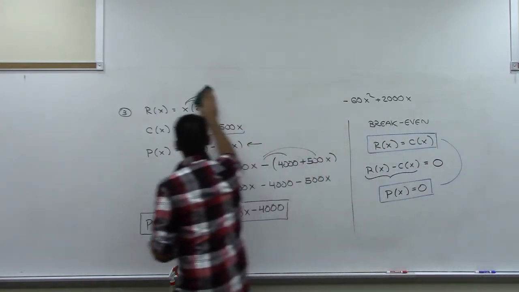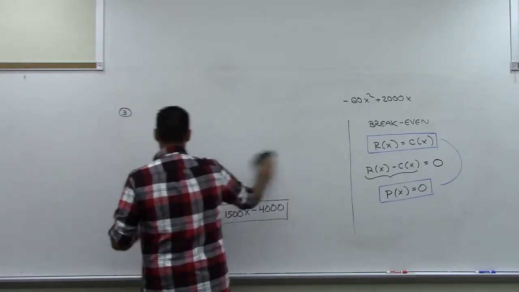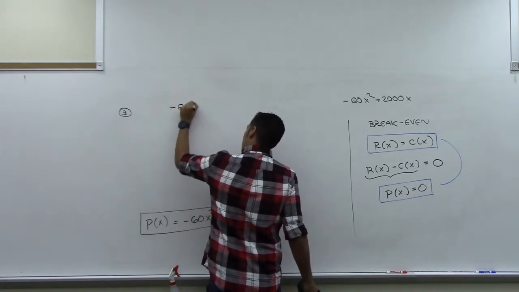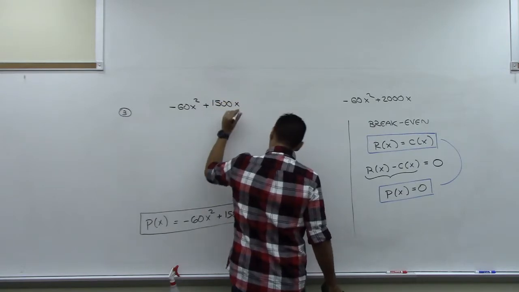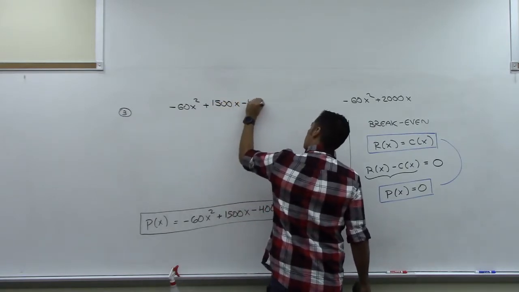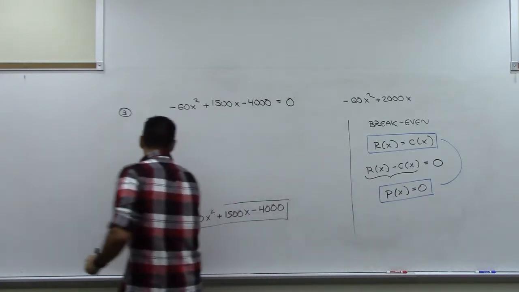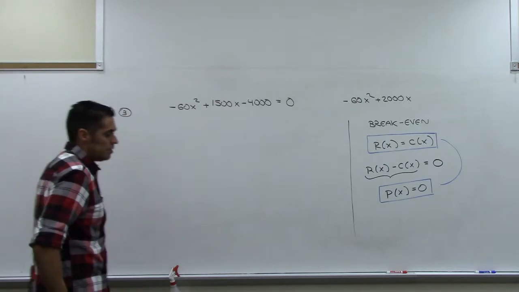So when I take my profit function, okay, my profit function is negative 60x squared plus 1500x minus 4,000, and I set it equal to 0, I then go about trying to solve this equation. All right, this is going to give me my break-even points.